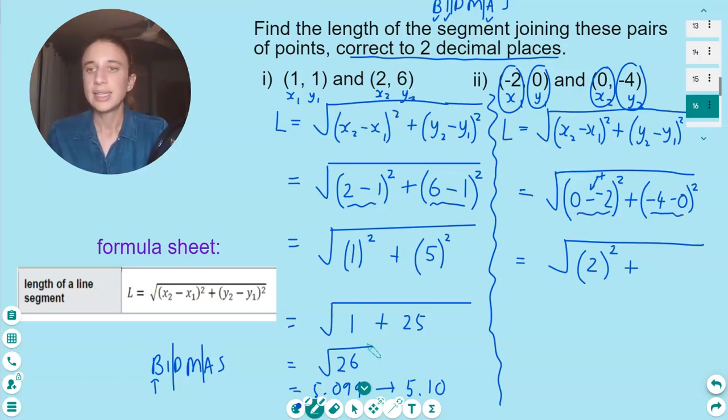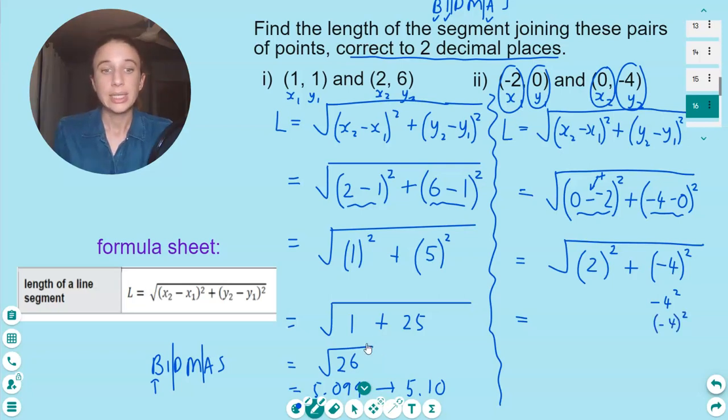Then negative 4 take 0 is negative 4, squared. You must include those brackets, because if you do negative 4 squared in your calculator without them, it's actually going to give you a negative number, whereas (negative 4) squared will give you a positive number. So just be careful.